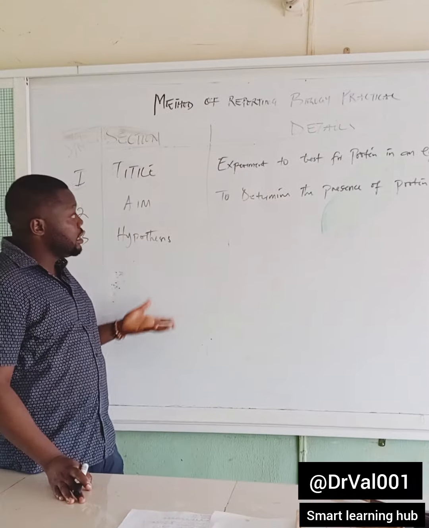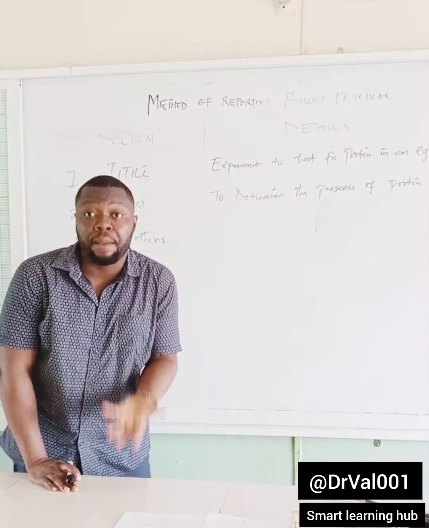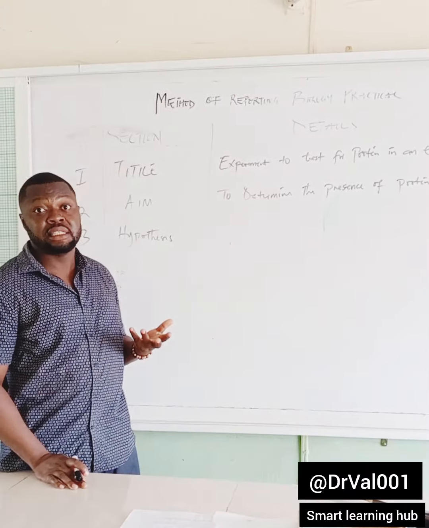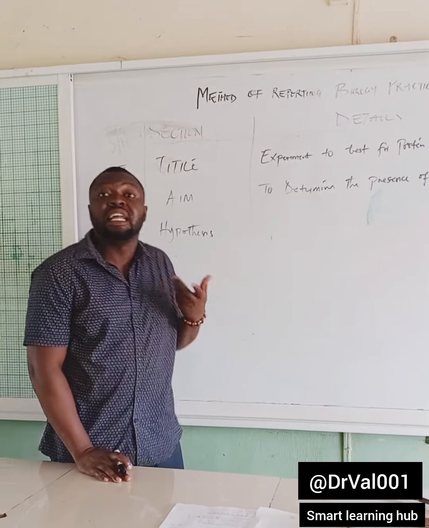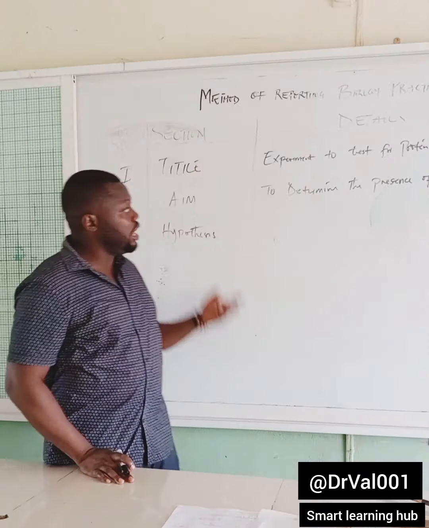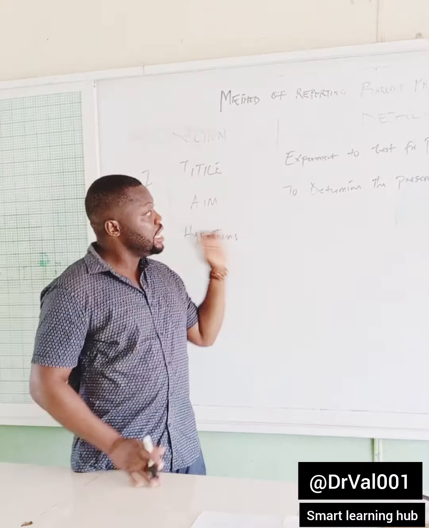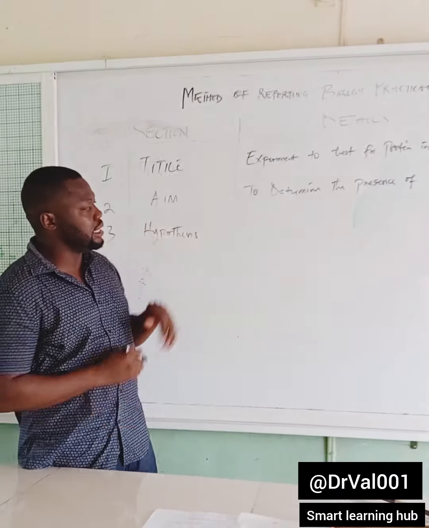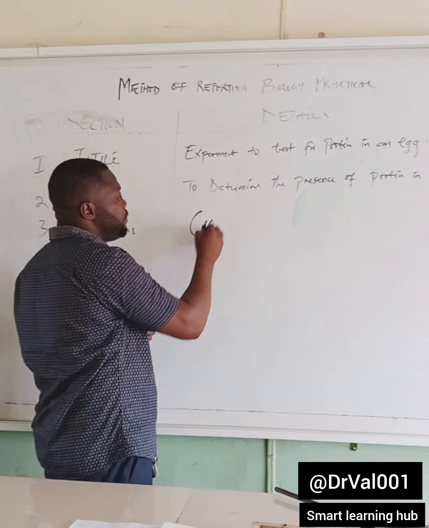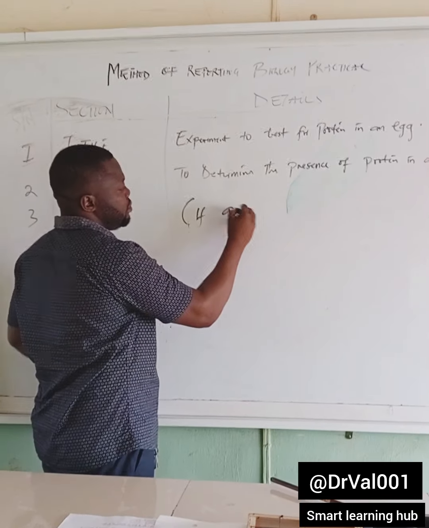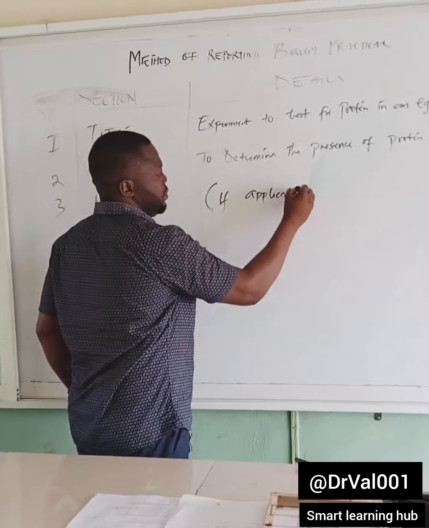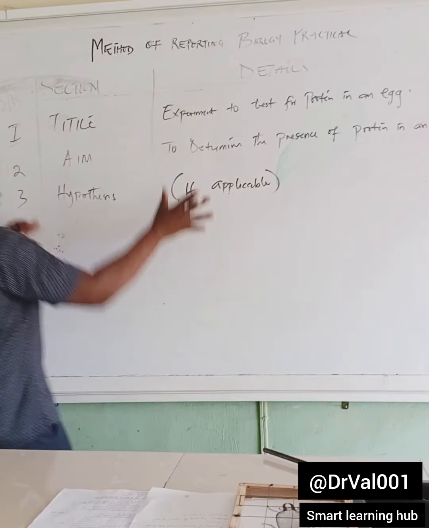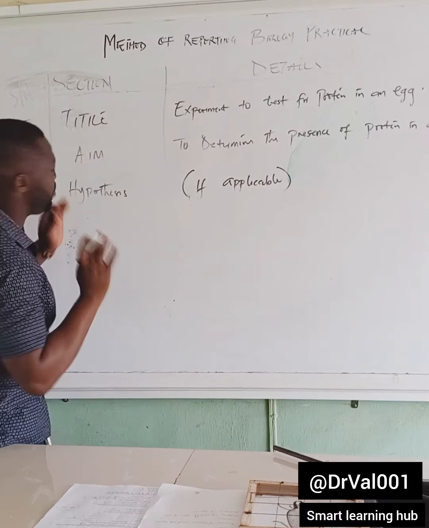For instance, as I've told you in my previous class, a hypothesis is a tentative guess. So you can formulate a hypothesis if applicable to the practical. I will add "if applicable" in a bracket. For this one, it's not applicable, so that's why we're not adding it.